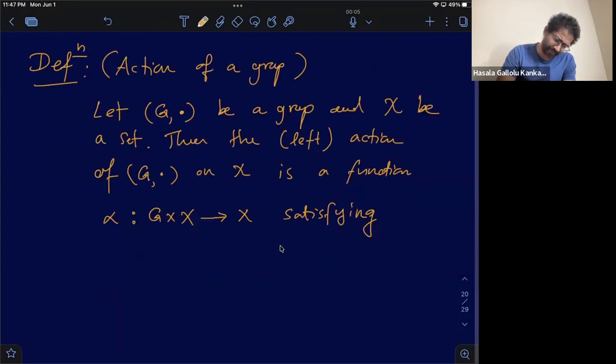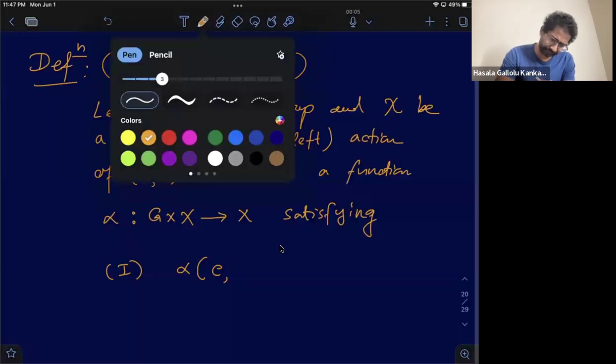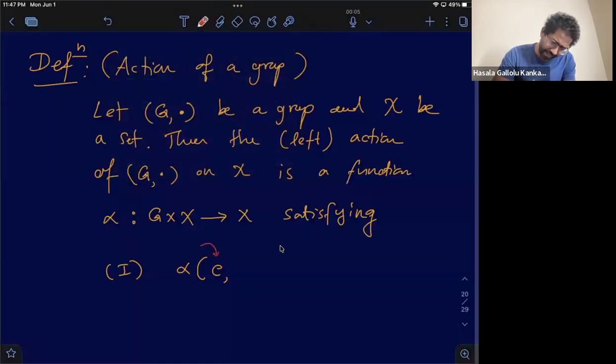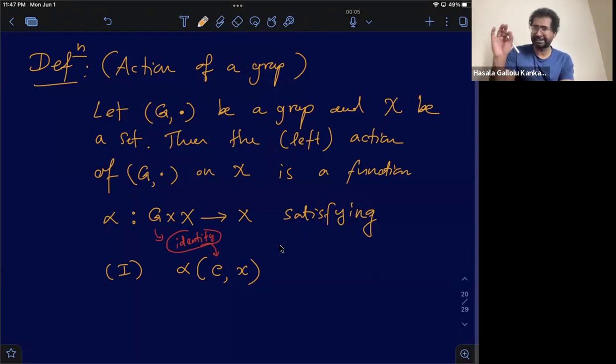Satisfying two conditions. The first one is this: alpha of e, where this e is the group identity element of the group G. The input values of this function alpha are the first coordinate coming from the group and the second coordinate from the set that we considered.